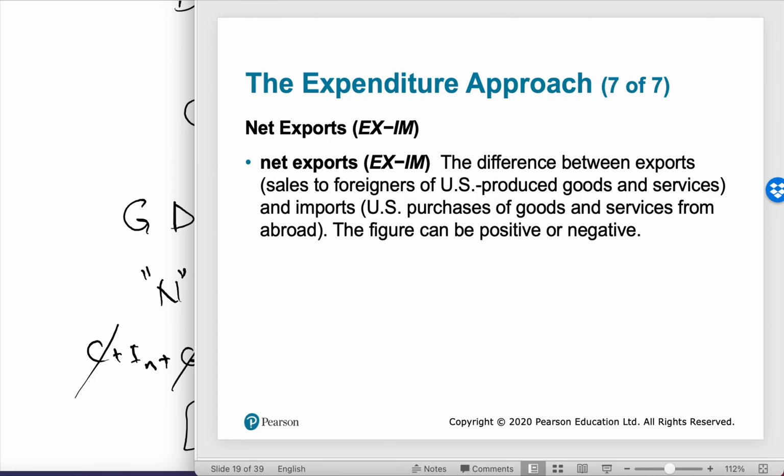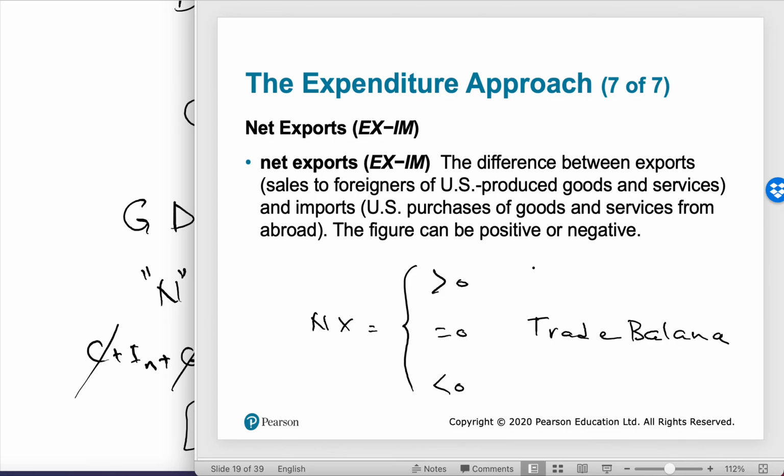Again, we know that net export has three possibilities. It can be equal to zero, they call it trade balance. Trade is balanced, like government balanced budget. And it can be bigger than zero, it can be smaller than zero. If it is bigger than zero, like Oman, it's got a trade surplus. Most countries like to be like this.